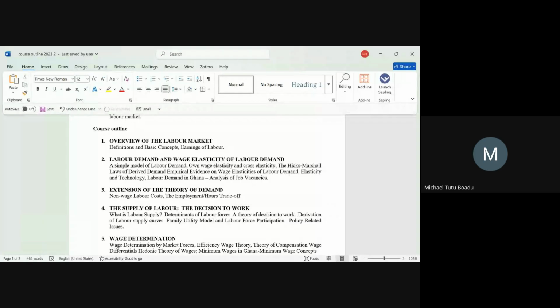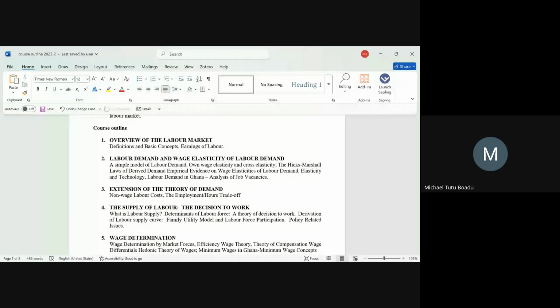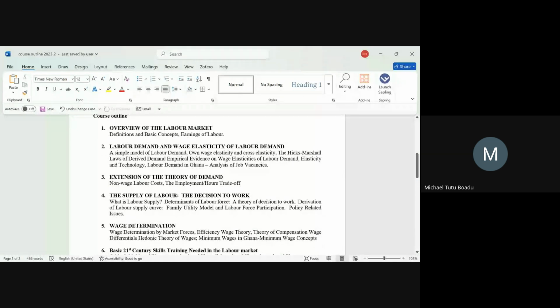We'll look at all such concepts. Then labor demand and the wage elasticity of labor demand. Topic 2 is not that different from demand and supply that you've learned in level 100, only that we are going to apply it to the labor market instead.